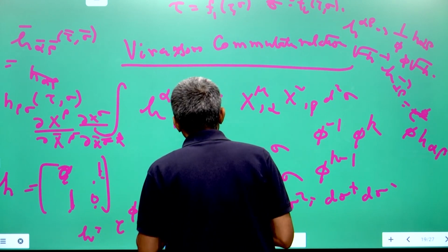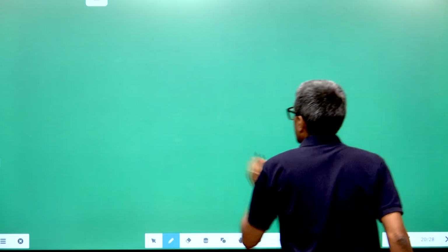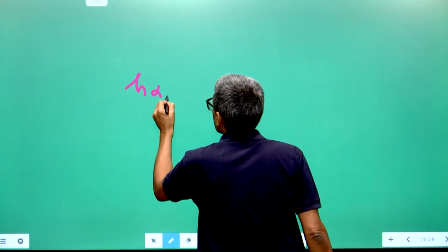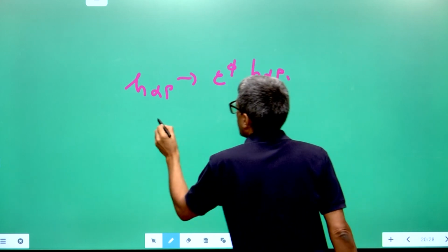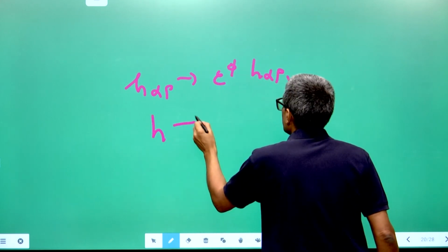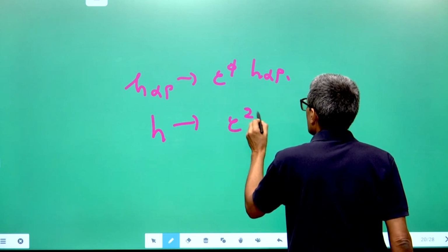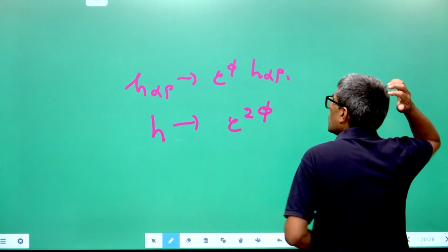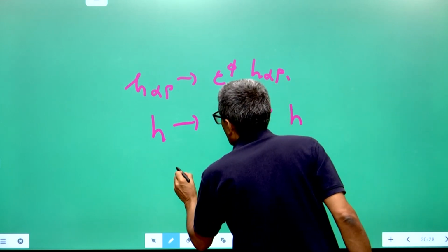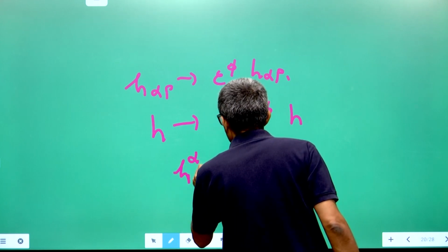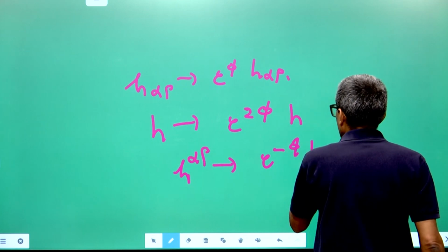But if you require the string action to remain invariant under conformal transformation, you see what is happening is that you have h alpha beta goes to e power phi h alpha beta, and h, the determinant of this, will go to e power 2 phi times h. So h alpha beta will go to e power minus phi into h alpha beta.